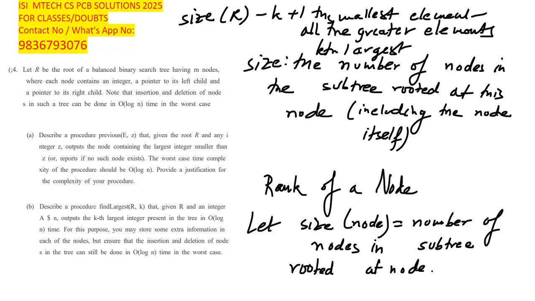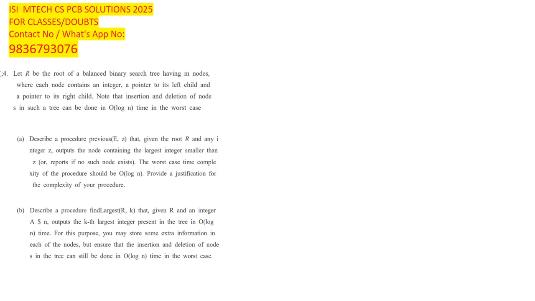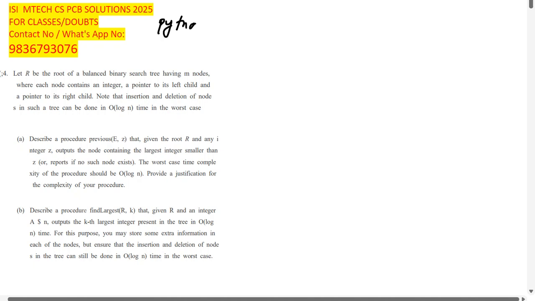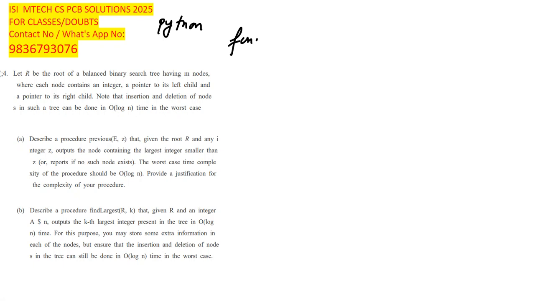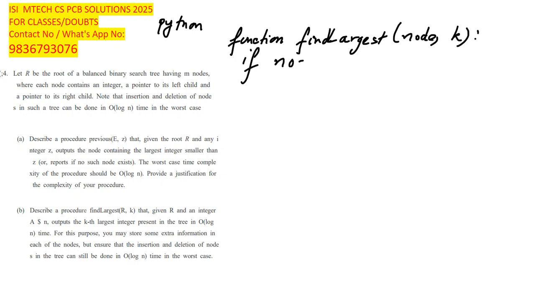So, Python. Function find_largest(node, k): if node is null, return null. Okay.